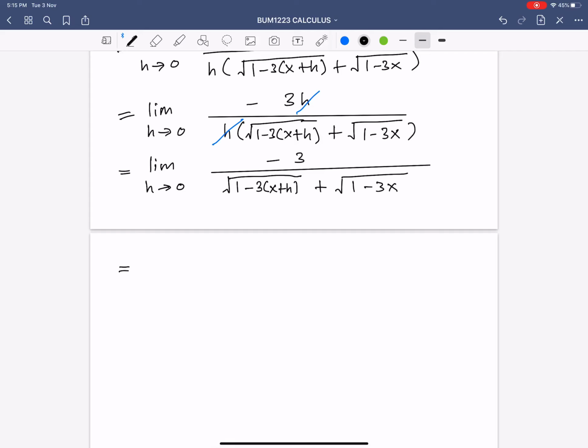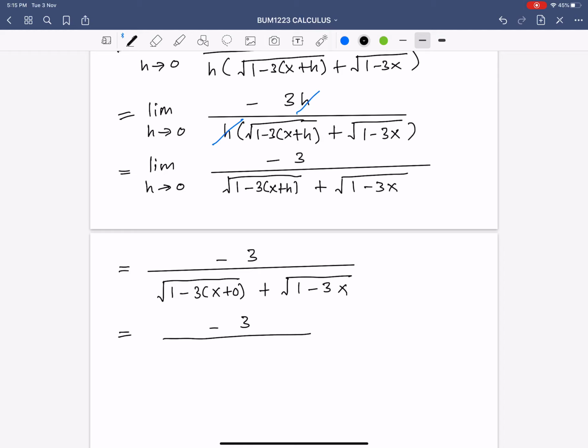What we have here is negative 3 over square root of 1 minus 3x plus 0, plus root of 1 minus 3x, which is equal to negative 3 over square root of 1 minus 3x plus square root of 1 minus 3x.